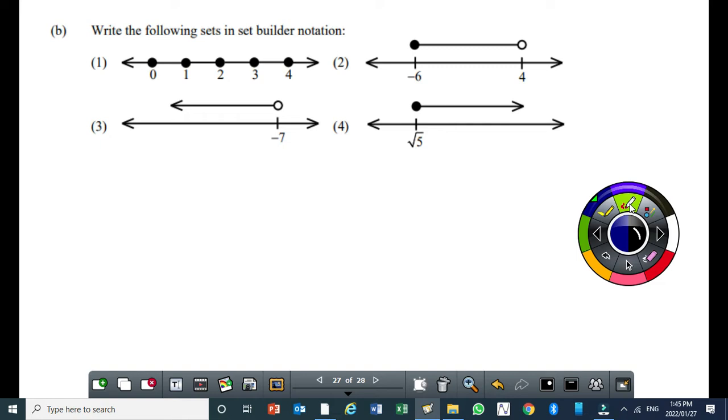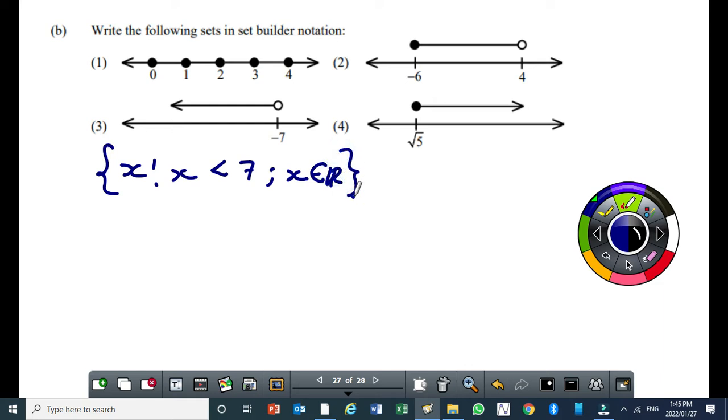So the first one, I'm sure you can see that this arrow points to the left, meaning that our x is a real number, okay? But that real number is less than or equal to 7. So the answer for this one is x is such that x is less than negative 7, but x is an element of real numbers.